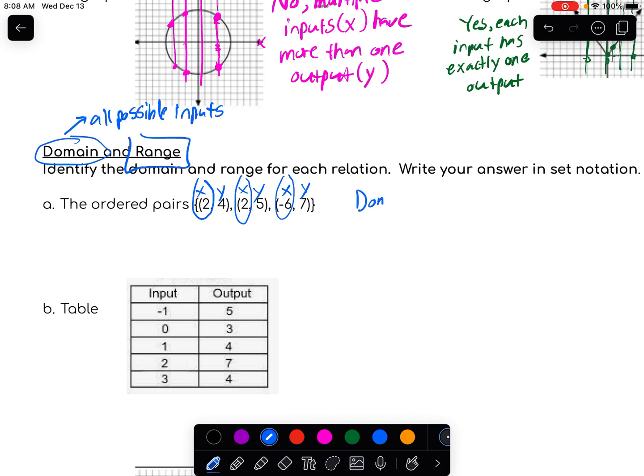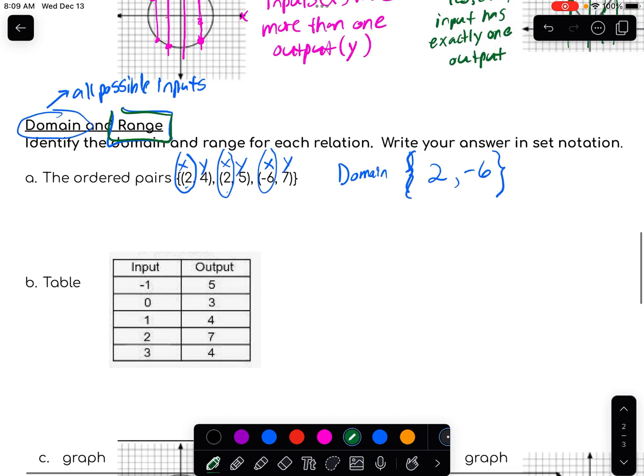If you're going to do the domain, sometimes you just use letter D. You use these curvy brackets here, and you list the possible x values. So in this case, 2 is a possible input, and -6 is a possible input. Notice I don't list 2 twice because I'm just listing for the domain what are the possible inputs. Well, 2 is a possible input, and -6 is a possible input. So generally list those. And sometimes we list them in order from least to greatest. I guess I didn't really do that there, but that's okay in this case.